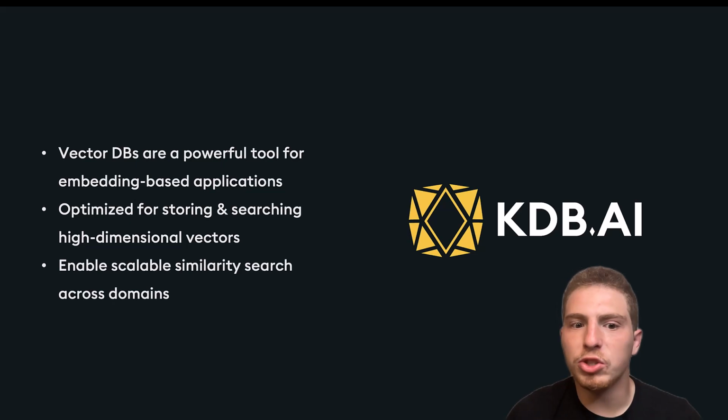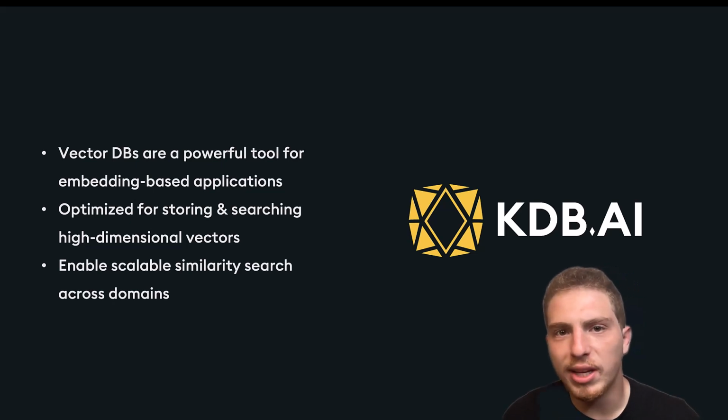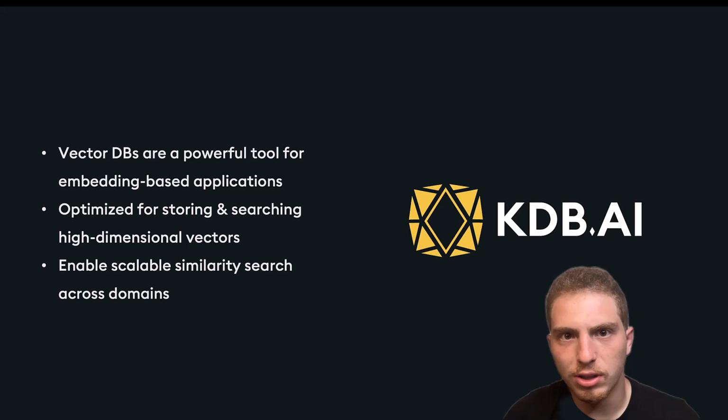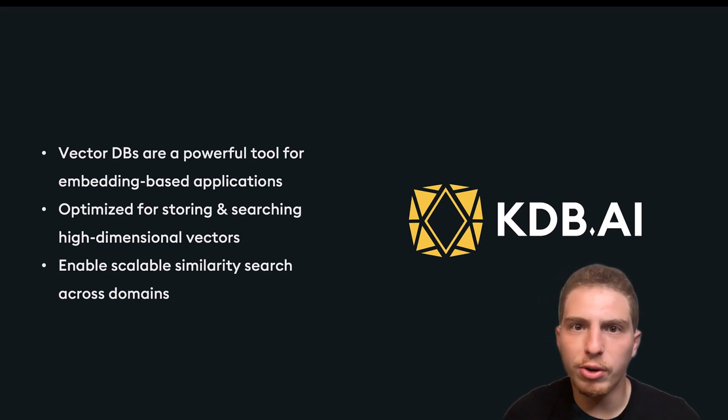It's optimized for storing and searching very high dimensional vectors, which means you could very accurately represent the semantic meaning of your data and search it effectively. And it also enables similarity search across domains. You could search text, you can search images. If you have the right embedding model, you could search audio. Vector databases are extremely robust in that they can handle all kinds of different data, including time series data.